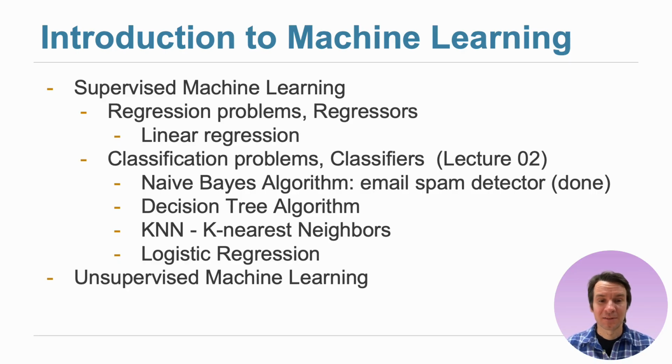Another thing that we will try is classification problems, where you have a categorical answer. For example, you have an animal and you have to decide if it is a dog or a cat, right? And in there we had some Bayes algorithm, the spam detection that we already did, and there is a decision tree which we will do.